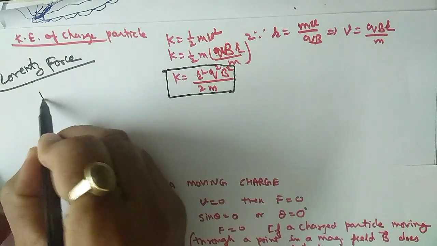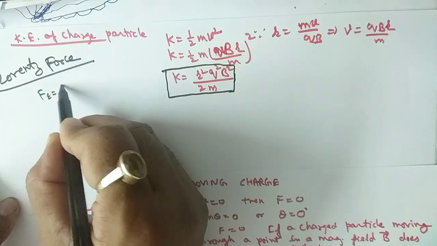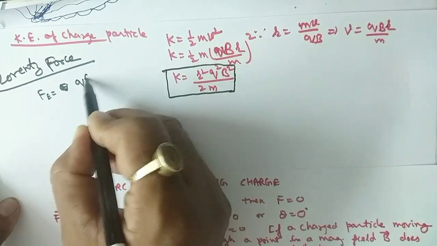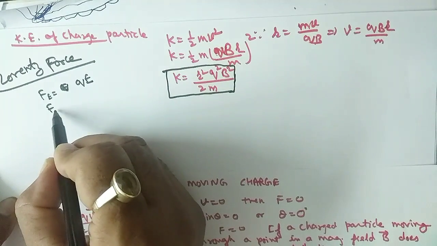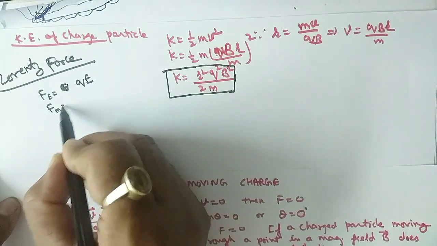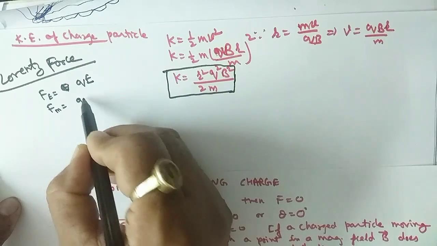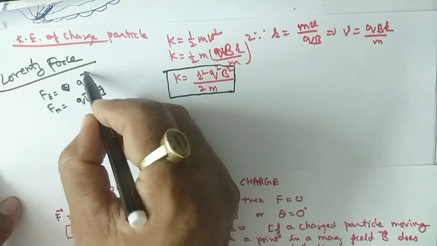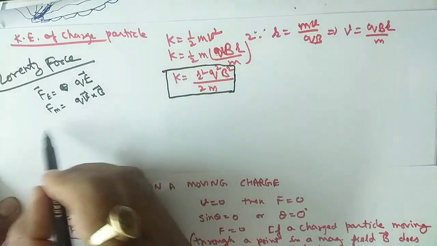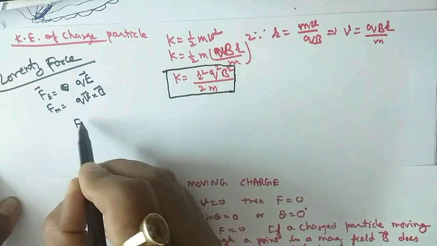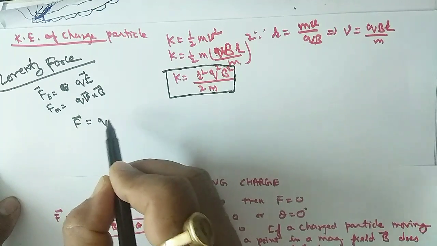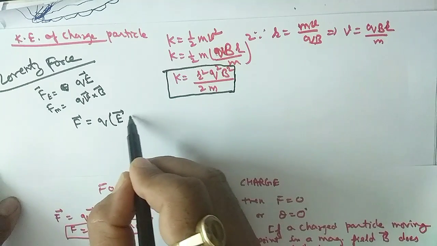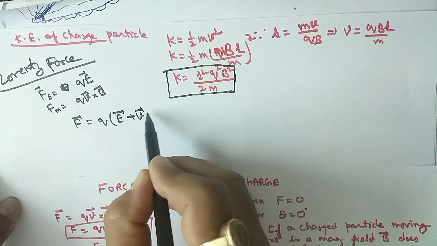You know, electric force is equal to QE, and the magnetic force is equal to QV cross B. When both are combined, we can write F is equal to Q(E plus V cross B).